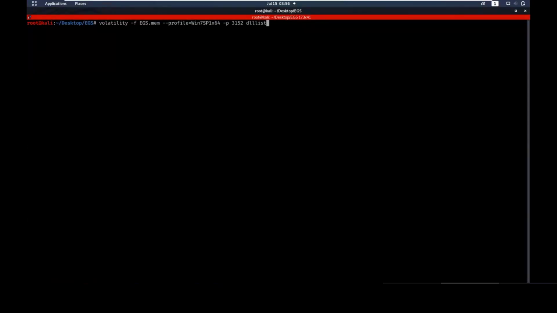The dynamic link library, or DLL, is a mechanism in Windows that is used for saving code or other extra resources for the executable files. And DLL injection is one of the famous attacks, and we have a lot of malicious activities associated with DLLs. I want to know what DLLs are associated with that process, the SVC host.